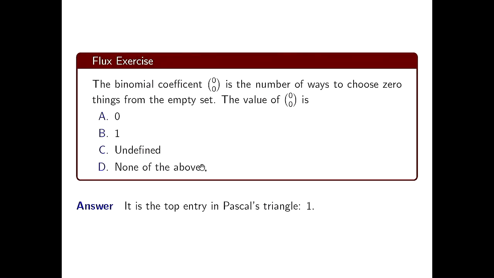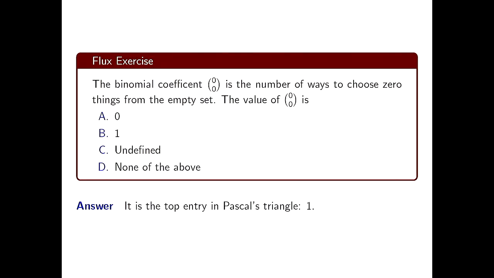So, perhaps the easiest way to think about this is, remember Pascal's triangle is bordered by ones, right? So 0 choose 0 is the thing at the very tip of the triangle. It's the top, it's a 1. But there are some different ways to think about this. You can also use the definition of n choose r in terms of factorials.